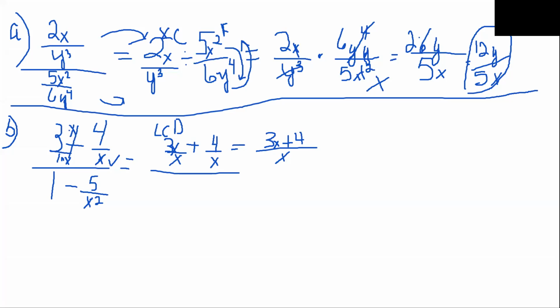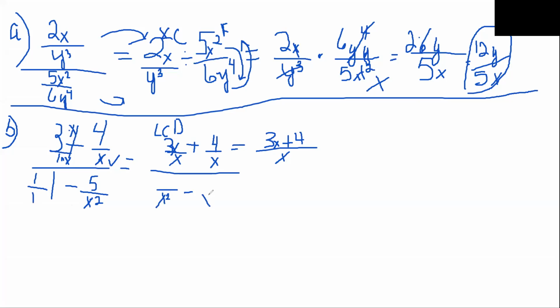So we're left with 3x plus 4 over x as the top fraction. Now let's resolve the second fraction, which is in the denominator. We will allow 1 to become 1 over 1, and we see that the denominator would be x squared.